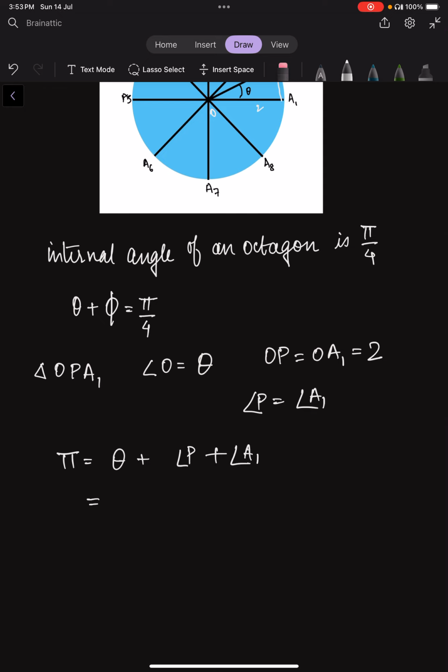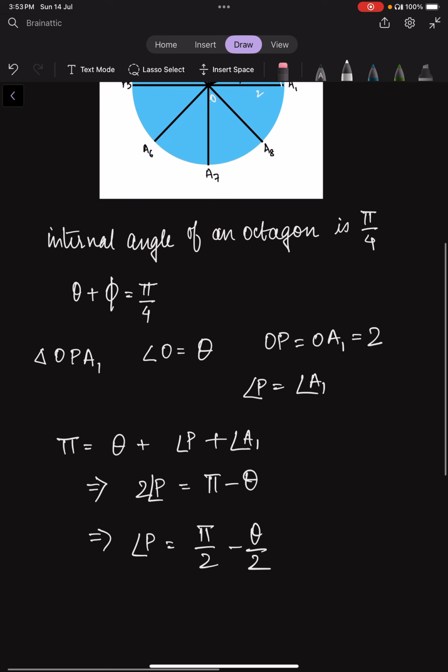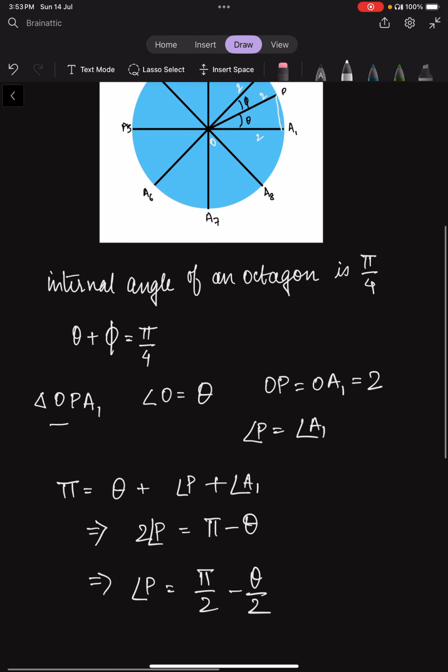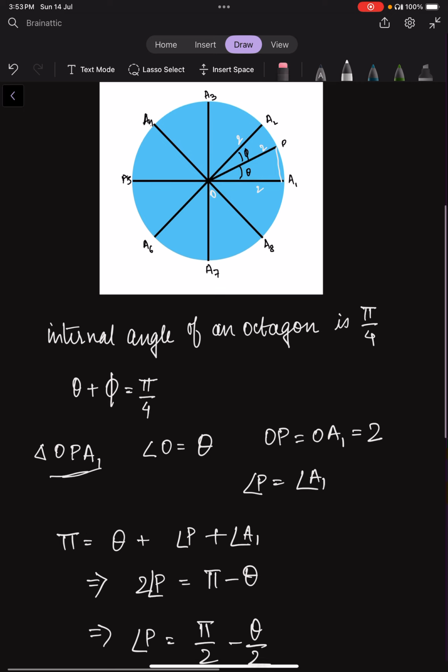Now angle P and angle A1 are equal, so 2 times angle P is equal to pi minus theta. Now angle P is equal to pi by 2 minus theta by 2. So now I know what angle A1, angle P and angle O are in the triangle OPA1. I hope this is clear.